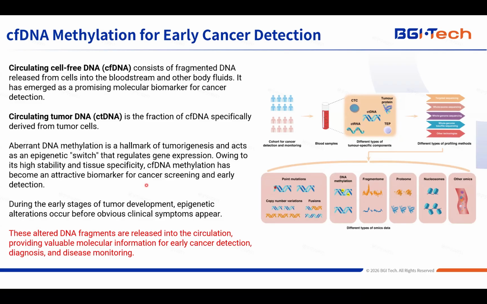During the early stage of tumor development, epigenetic alterations occur before obvious clinical symptoms appear. These altered DNA fragments are released into the circulation, providing valuable molecular information for early cancer detection, diagnosis, and disease monitoring.